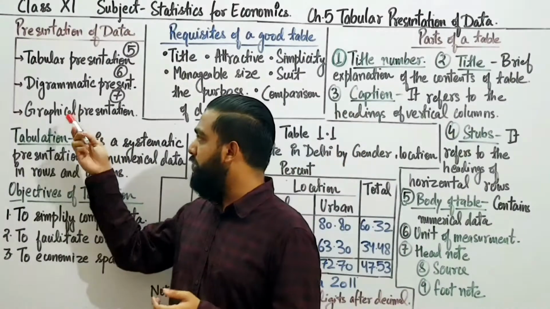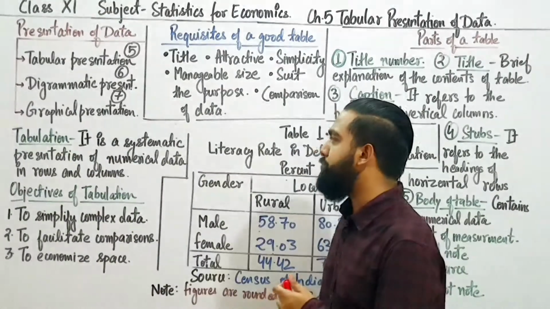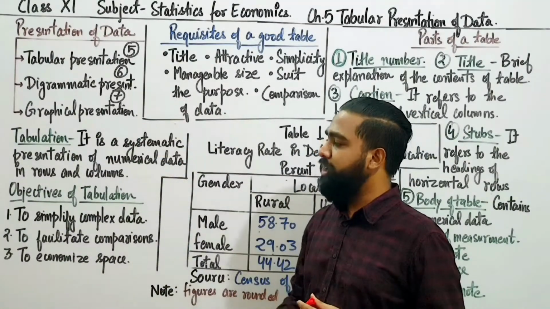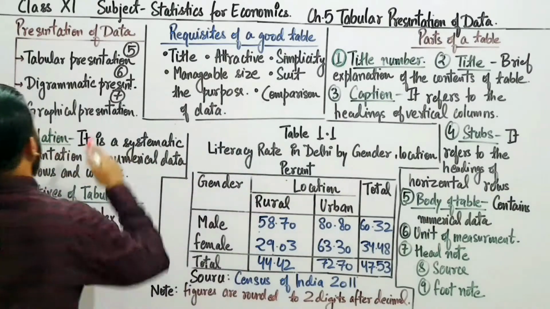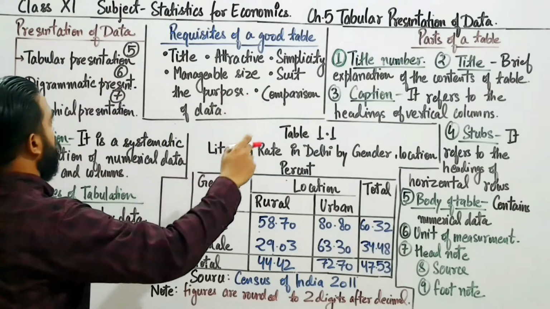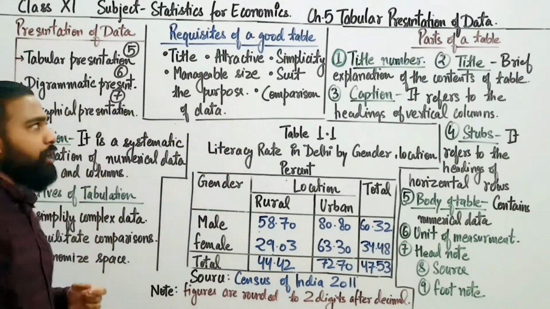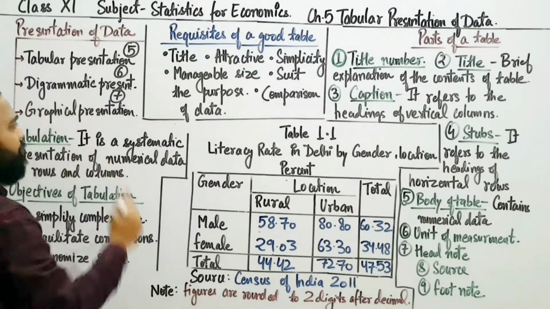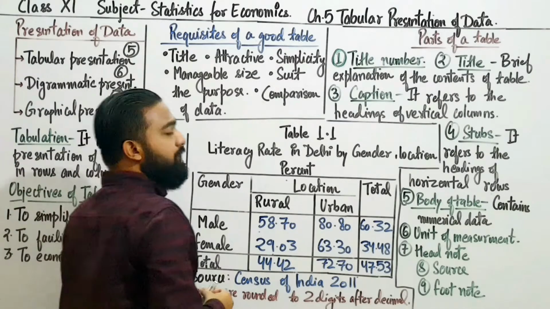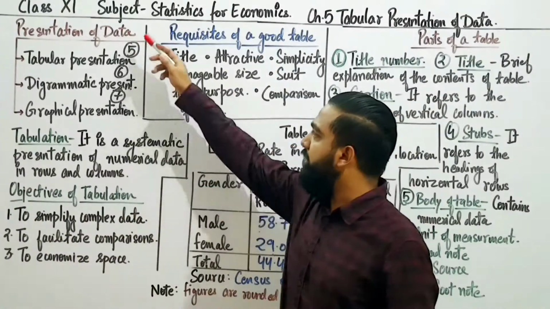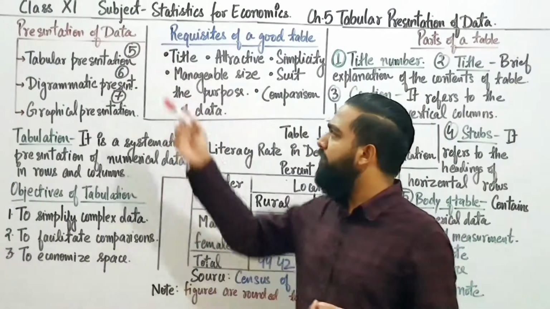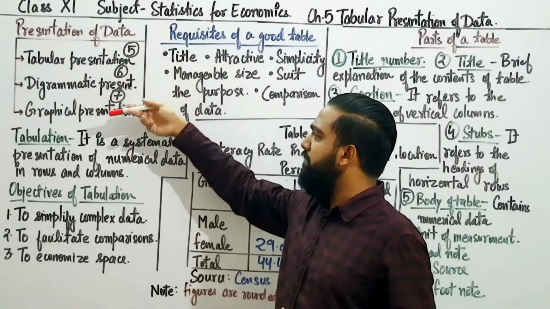Now, the fifth chapter is tabular presentation. The diagrammatic presentation will be taught in the sixth chapter, and the graphical presentation in the seventh chapter. So these are very small chapters for you, chapters 5, 6 and 7.